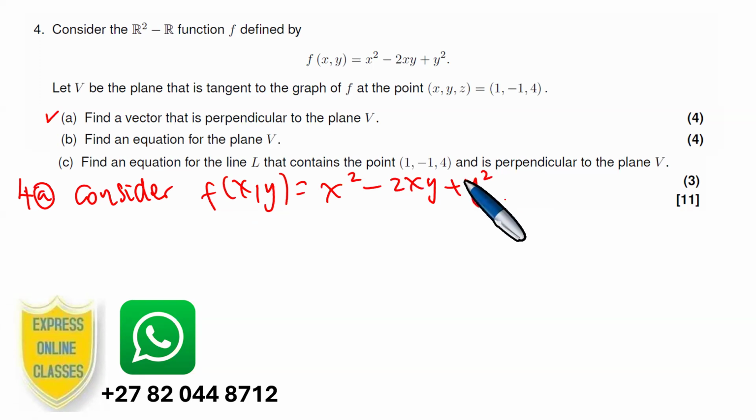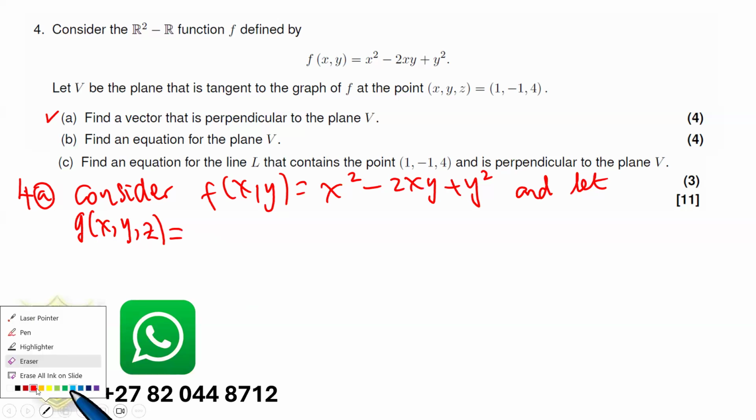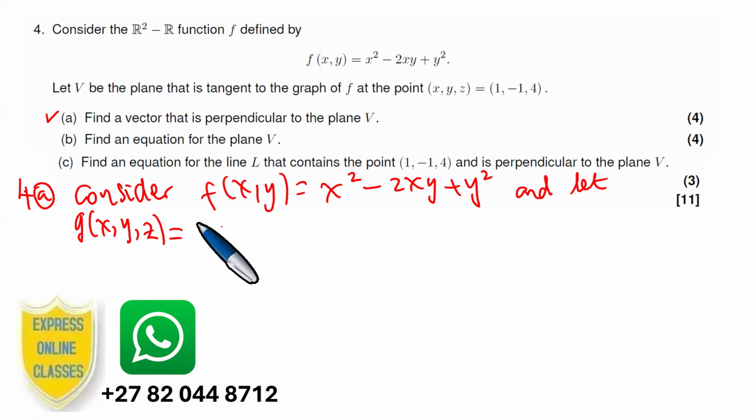And let g of x, y, z be the following. We introduce a new function we call g of 3 variables, and it is going to be the function f of x and y minus the variable z.